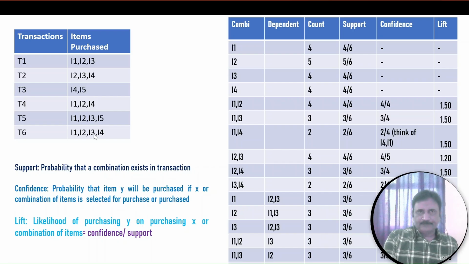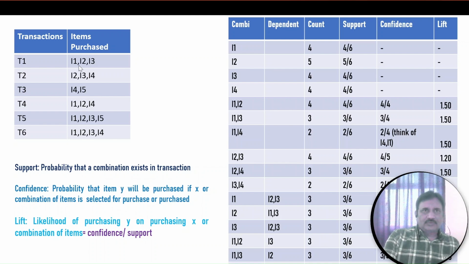Now in these records, how many transactions have I2 as a second purchased item? Second purchase means I2 is also purchased.